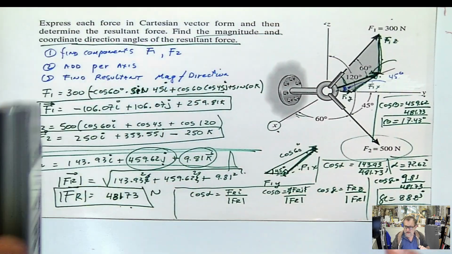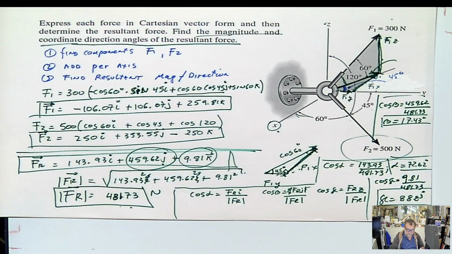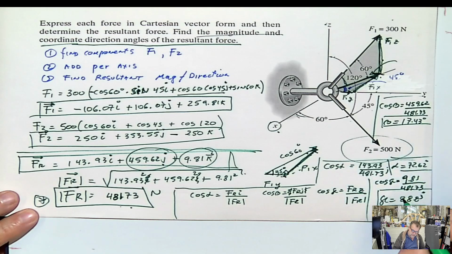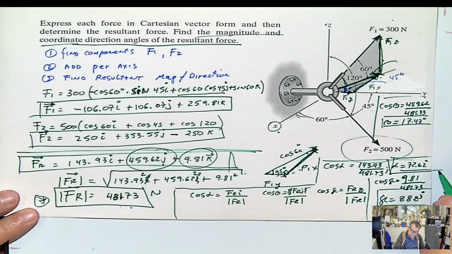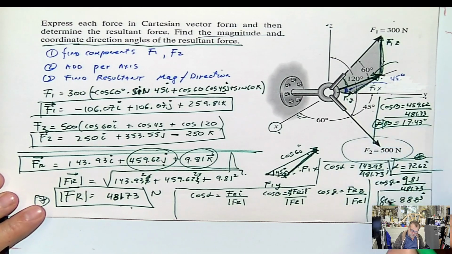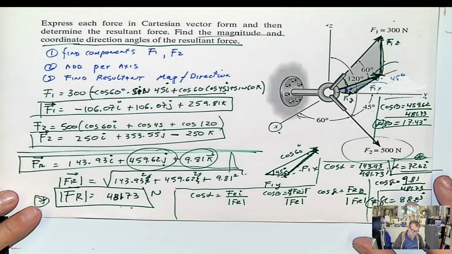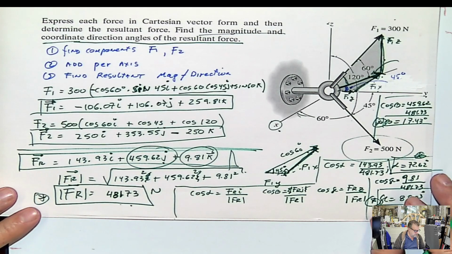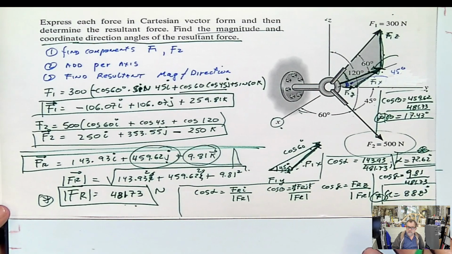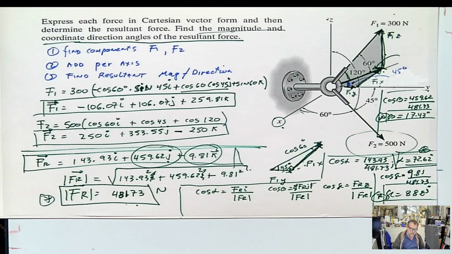So what is the answer in this bunch of weird things that we have here? The magnitude of the resultant force, alpha, beta, and gamma. Those are the direction cosines for the resultant force. That's easy, it's not complicated.